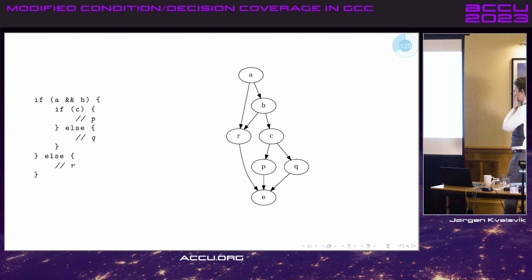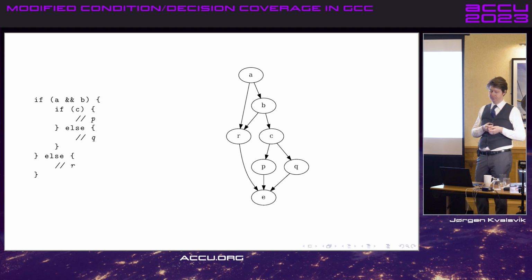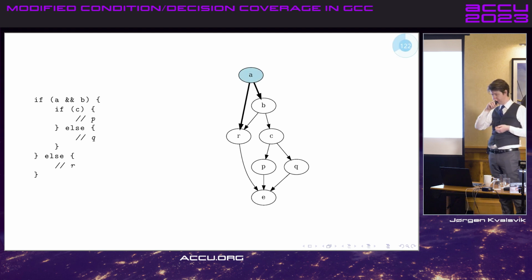Okay, so about a more interesting example, which is A and B, and then in the then block, you have another condition, another expression. So let's do the same algorithm again, but now sped up quite a bit.